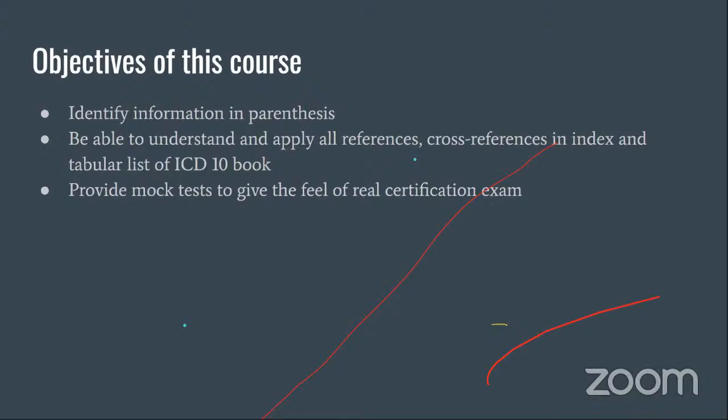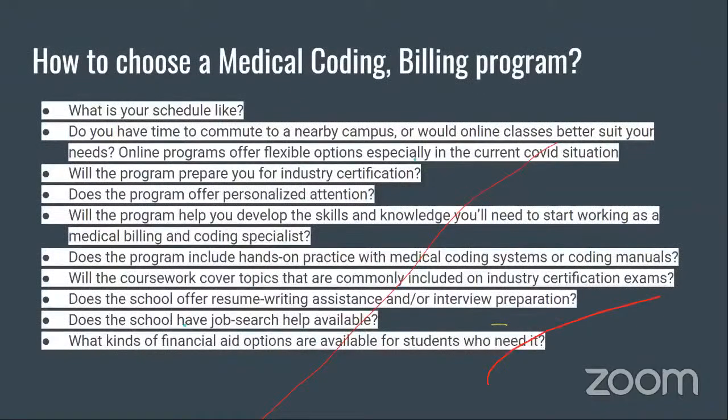So these are the things that one needs to understand. One second. Okay, now two more things that you need to.